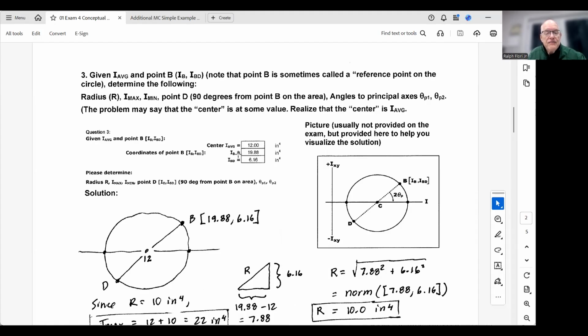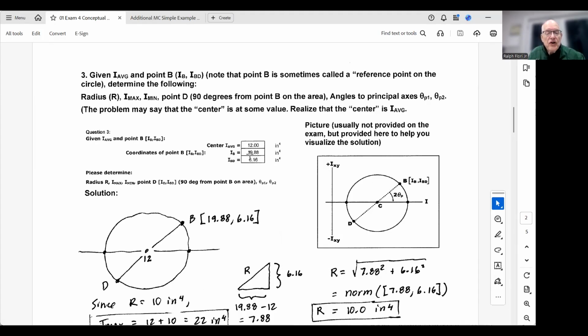It gives you IB, the moment of inertia at B, which is 19.9. And it gives you a product of inertia at B, which in this case is 6.16. And so if the center is 12, and the moment of inertia at IB is 19.9, so it plots to the right of the center.